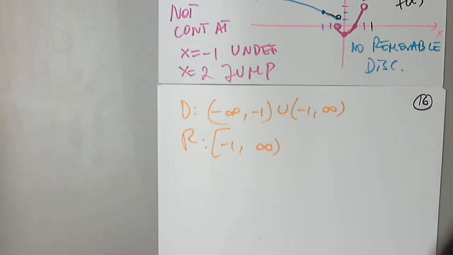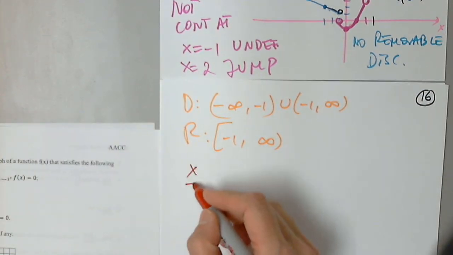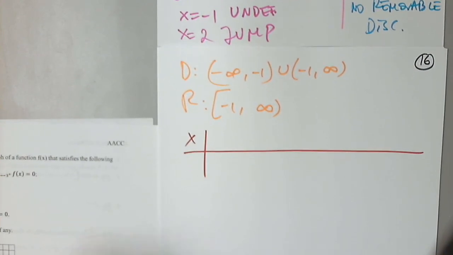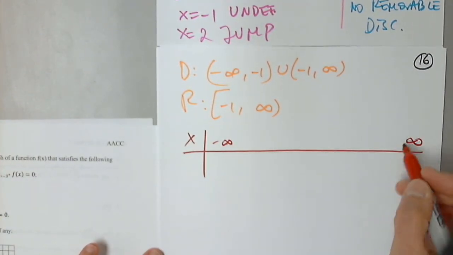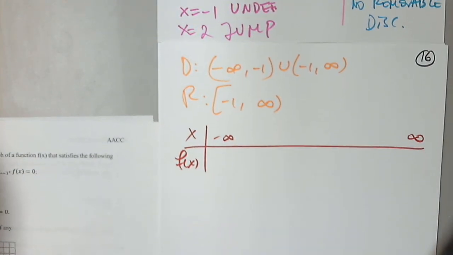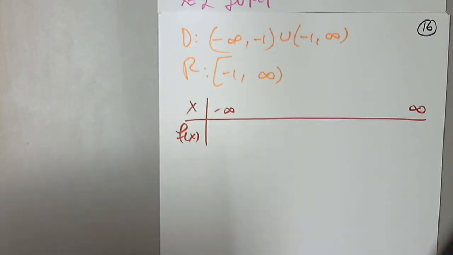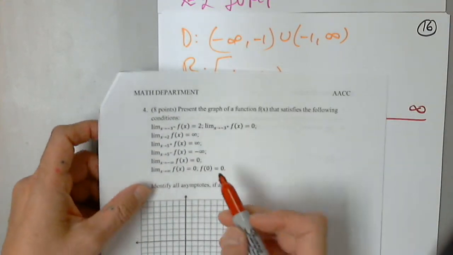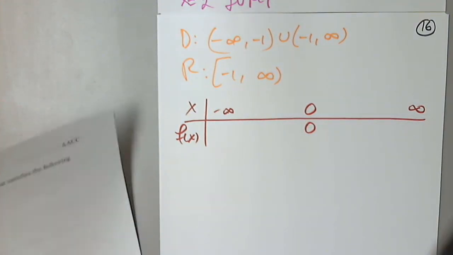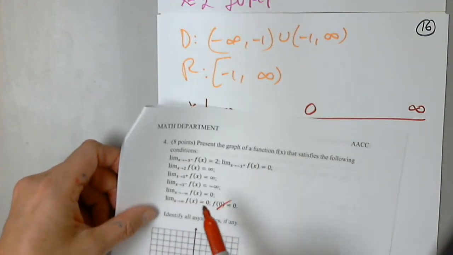Okay, so what would you like me to do? Number 4. Okay, so in number 4, remember that table that summarizes all the information. This, in my opinion, is the best: being organized, reading all this information and putting it in the table. And then you can easily come up with a graph. First, I see f of 0 equals 0. That's done.